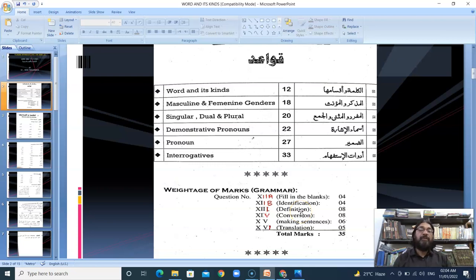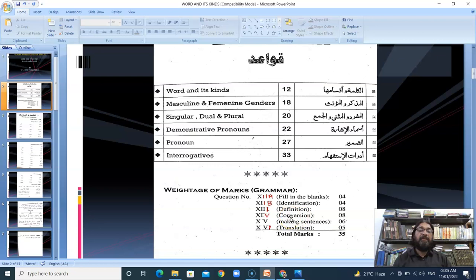So what are the definitions? You will be asked from Adawatul Istifham, Al-Dhamir, and Asma'ul Ishara. Asma'ul Ishara is divided into 2 parts, near indications and far indications. So among these 3 sections, you will be asked in bit number 13 for 8 marks.